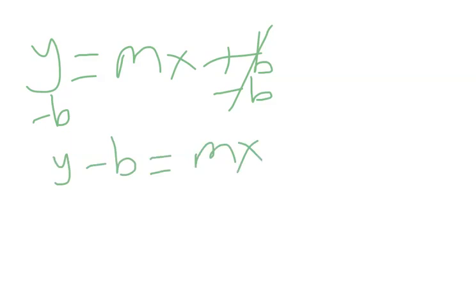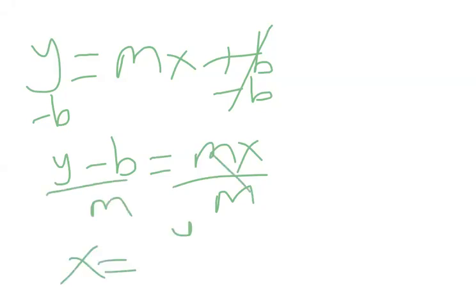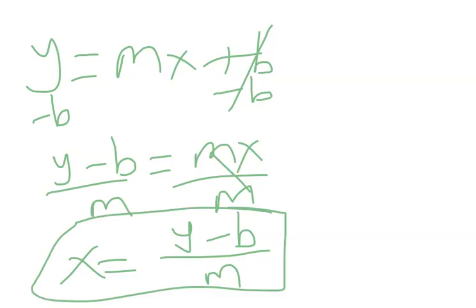Since they're multiplied, you just divide by m. And that is how you solve for x. These are just in terms of variables, and you can leave it like that because you don't know any numbers. If you get told to plug in numbers, you plug them right in, and you have your answer. Those are fun.